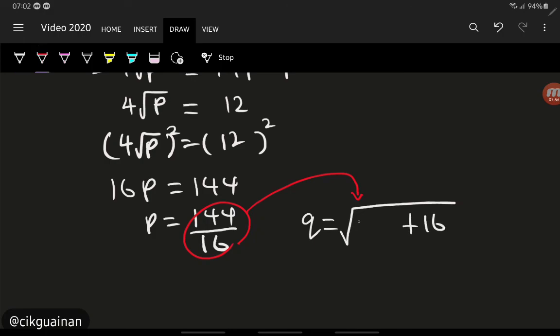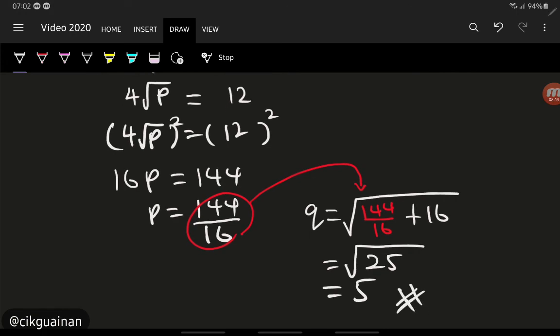Make it bigger. 144 over 16. So we have a square root of 144 over 16 plus 16. We have 25. Oh, surprisingly nice number. So we have 5. So this is the answer for the second one.